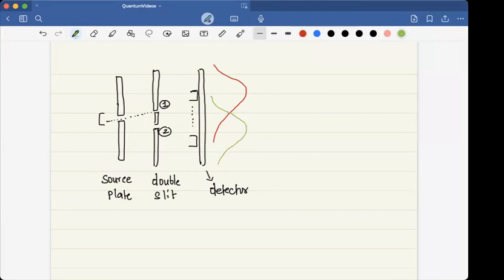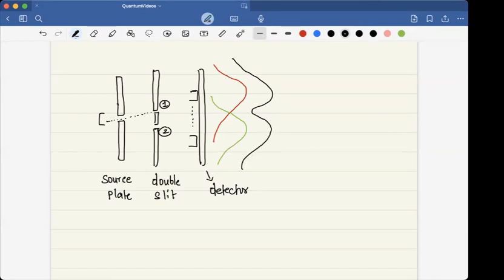And that makes sense. If you are close behind the hole, then your probability of arrival at that point is higher. And then if you open both holes, the probability distribution of the particles looks somewhat like this. So you have a sort of double hump.